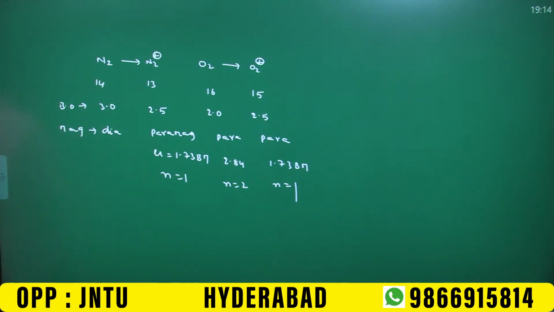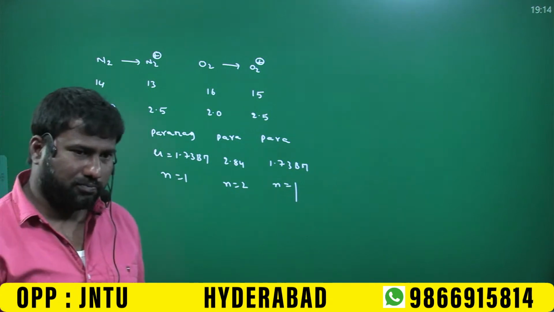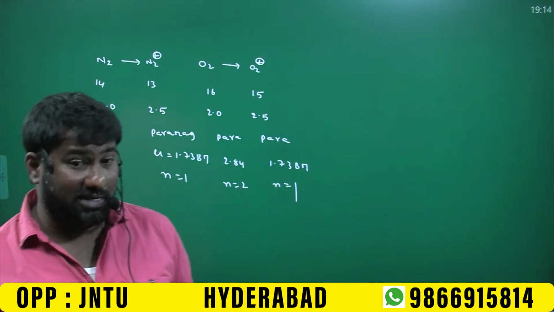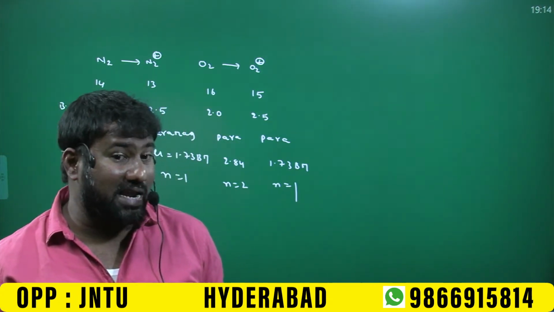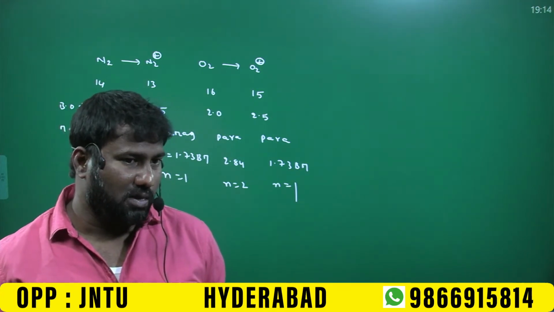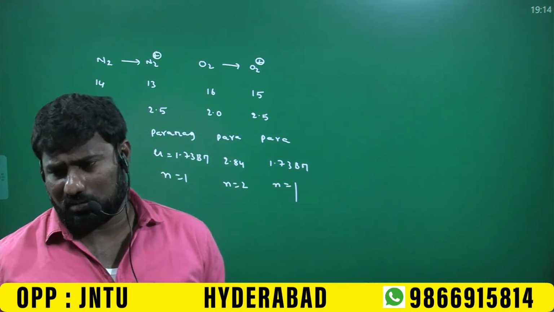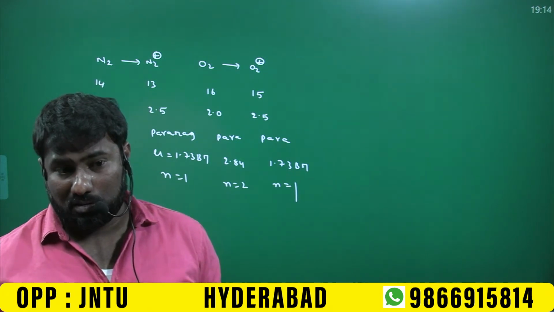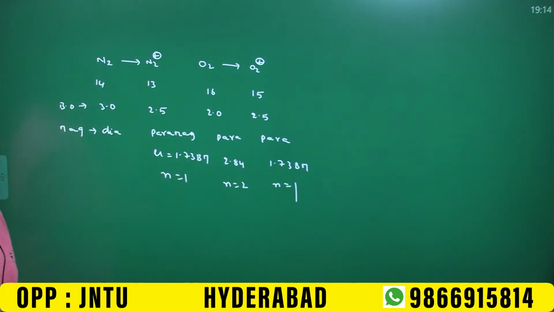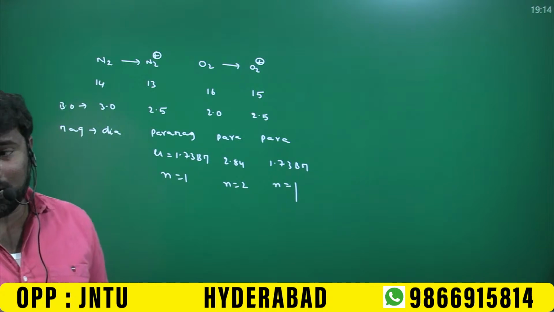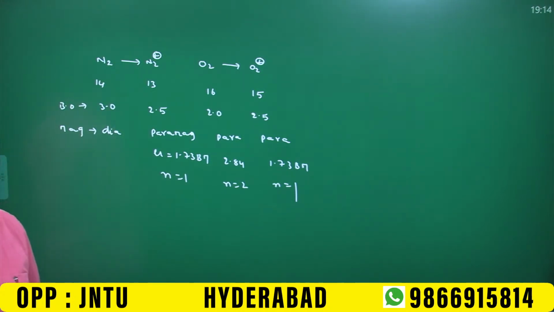అర్థమైందా? ఎలా అడిగేయమంటాడంటే స్టేట్మెంట్ టైప్లో అడుగుతాడు. ఎలాగంటే, statement 1: while N2 turns into N2 plus, the bond order decreases. Right or wrong? Correct statement.